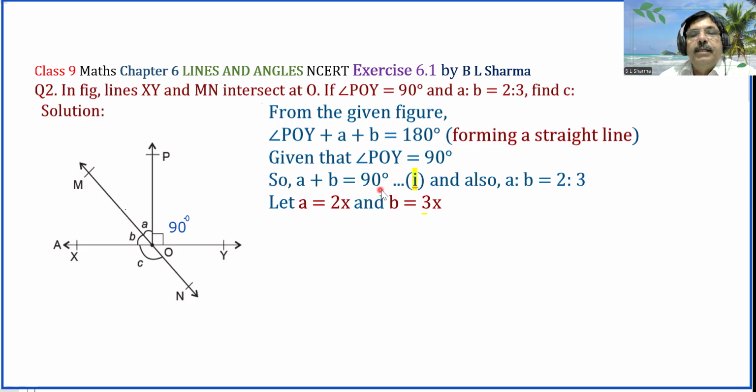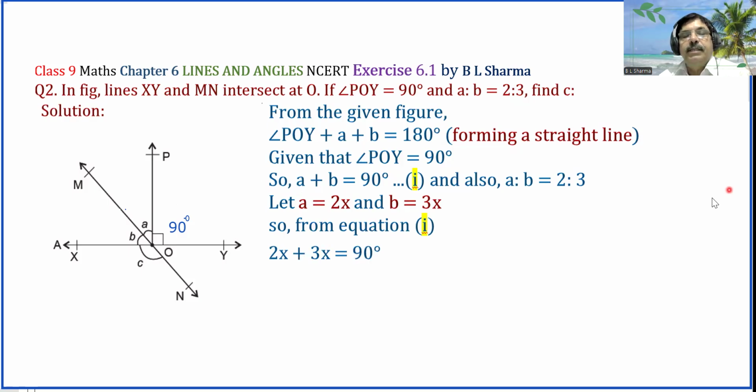A plus B is 90 degrees, so 2x plus 3x is equal to 90 degrees. 2x plus 3x, their sum is 5x, is equal to 90 degrees. What is x? x is 90 upon 5.